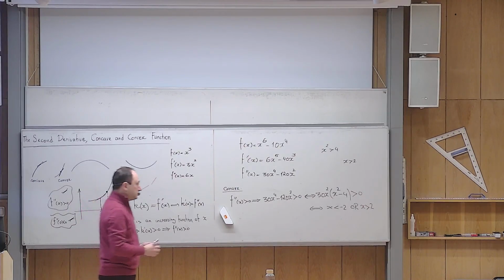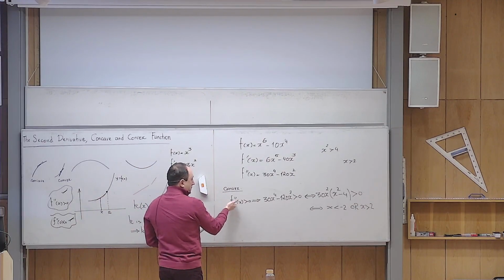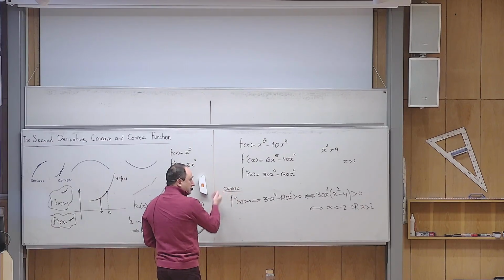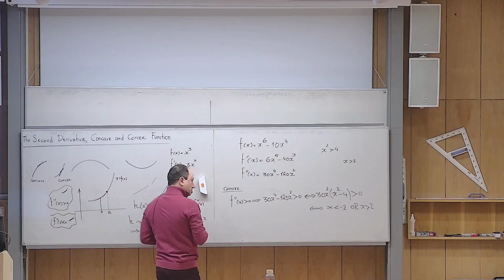So it means that my function is behaving like a convex function on the intervals from minus 2 below and from 2 above, yes.